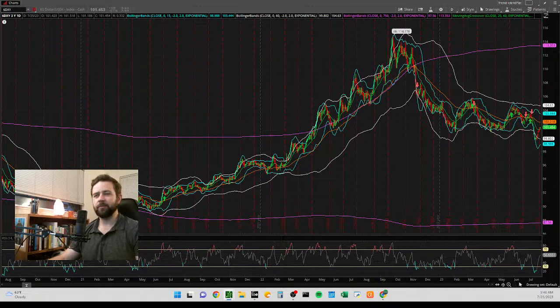At some point, I would probably like to introduce more fundamentals into my screener, but I'm not quite sure how to do that just yet. And it's not like I buy every bullish trend or short every bearish trend.